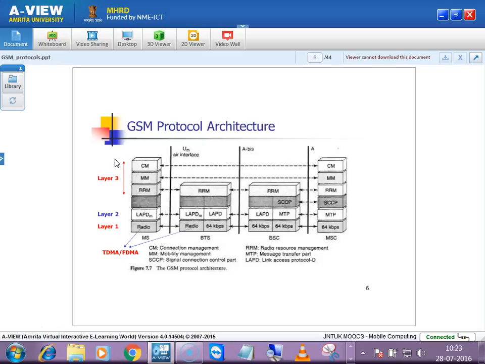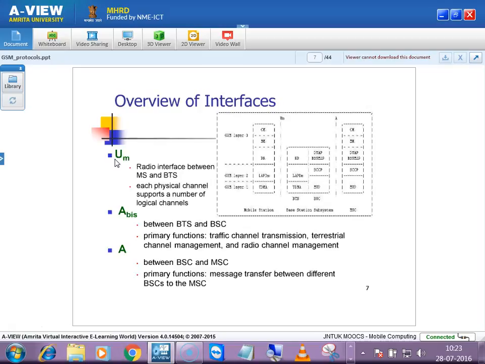The MSC is the one tracking the user location; it will not be done by the base station. That is the reason the base station transceiver does not have connection management and mobility management. We have them only in the MSC and mobile station.